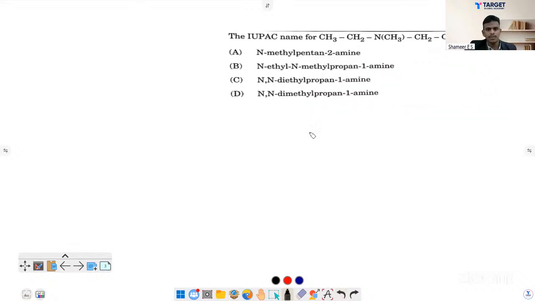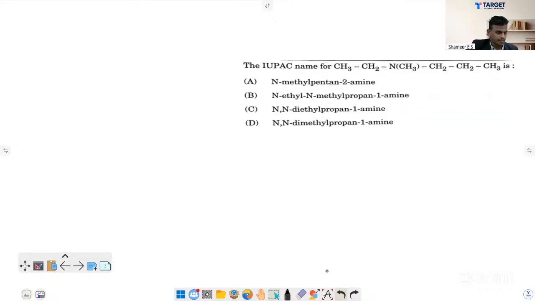Next, this question is naming from amine. The IUPAC name for CH3CH2-N-CH3CH2CH2CH3. So the structure is CH3CH2, N connected to CH3, then CH2CH2CH3.